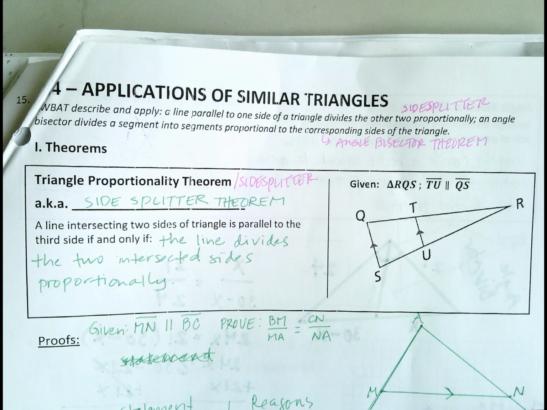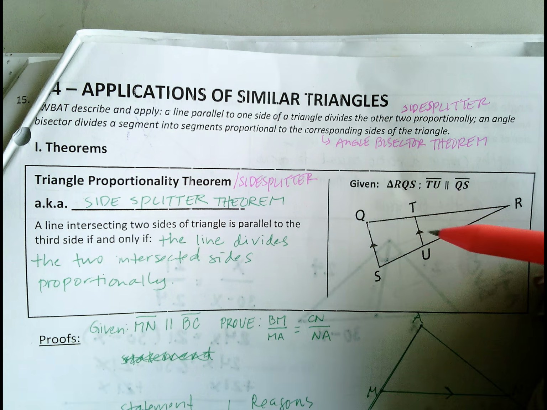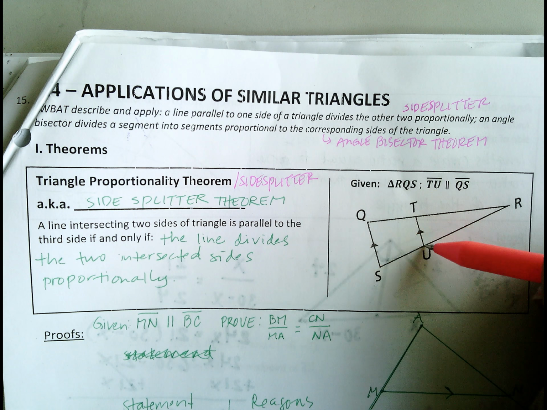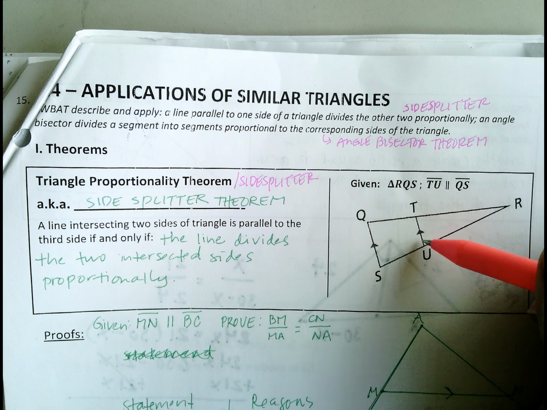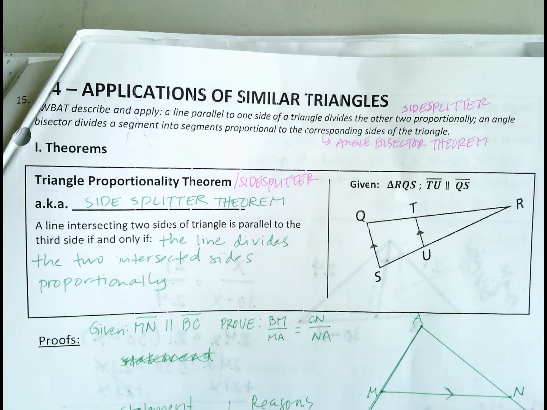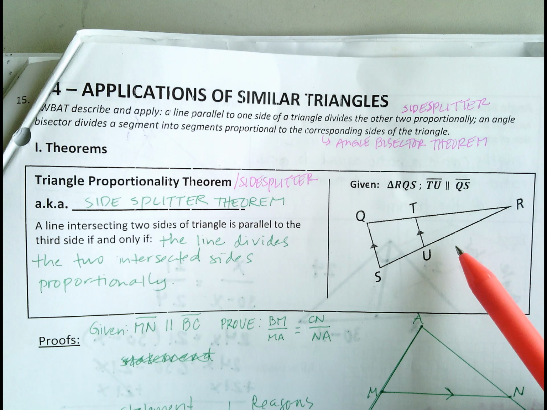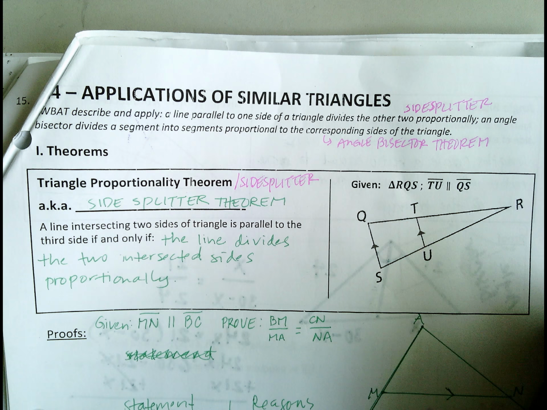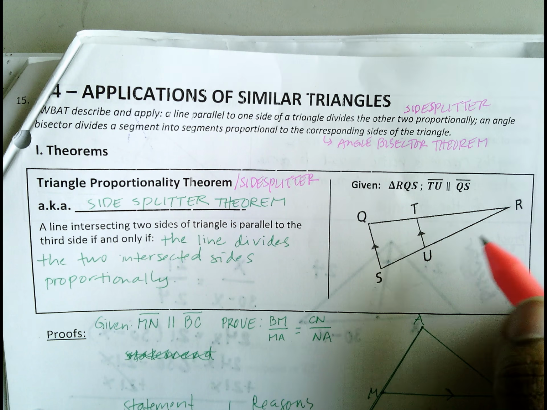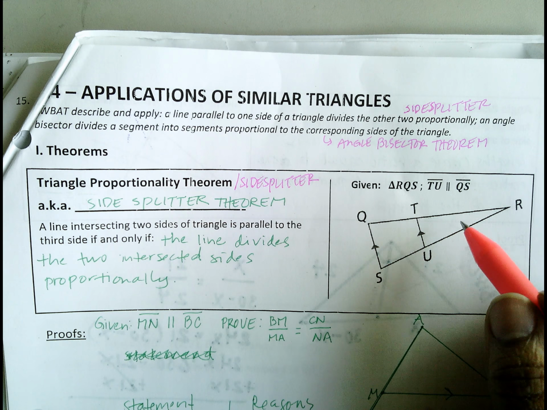Well, as you can see, I'm playing with the exposure here and the focus so that you can see this. So literally what this means is if you have a set of parallel lines right here, especially in a situation like this, these parallel lines automatically indicate that you have a set of similar triangles.